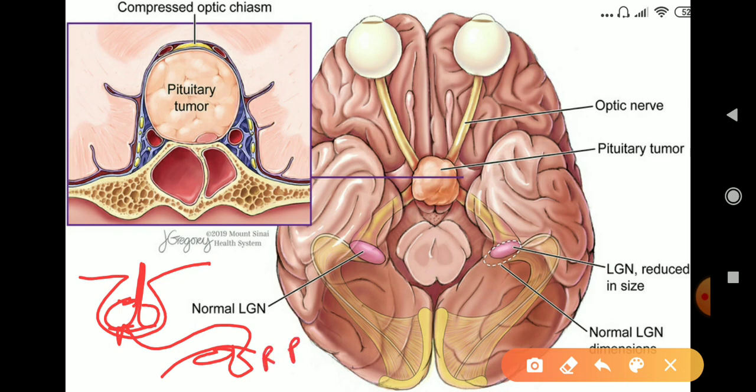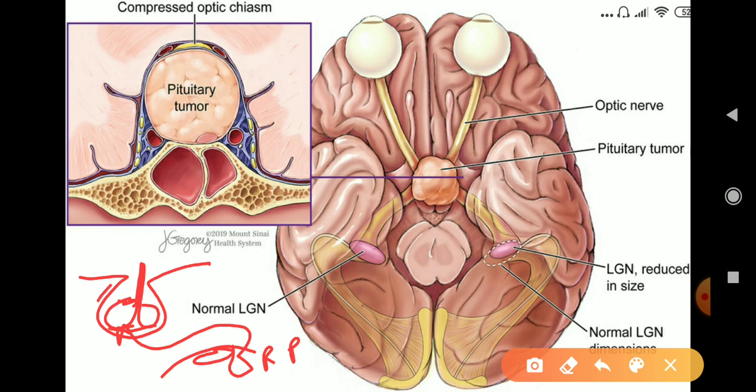In some conditions, a tumor forms in the Rathke's pouch, which leads to a tumor of the anterior lobe, and it causes compression of nearby structures. So what are the structures present in front of or near the pituitary gland?